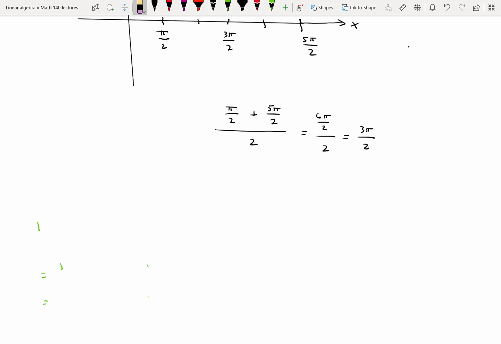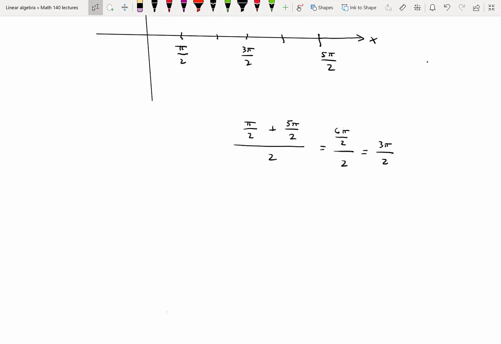You take 1 pi over 2 plus 3 pi over 2 and divide by 2. 1 pi over 2 plus 3 pi over 2 is 4 pi over 2. It's just fractions. 1 plus 3 is 4 over 2. 4 pi over 2 is 2 pi. Divided by 2 is pi.